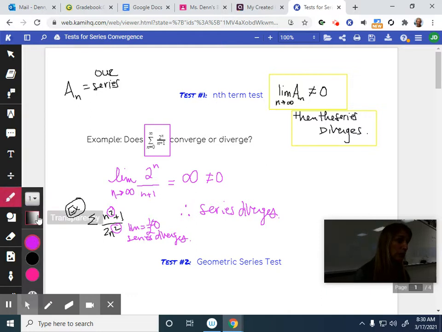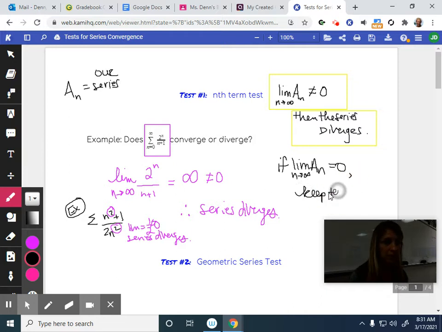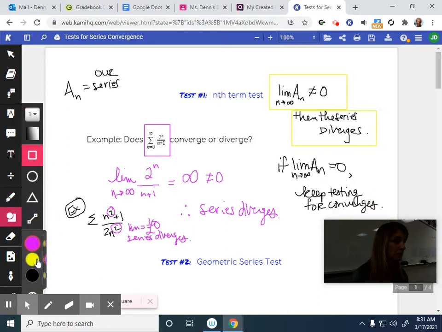I feel like I should write that down. So I will also say, if the limit of a sub n as n goes to infinity does equal 0, it doesn't tell you anything other than you should keep testing. Keep testing, because it's possible that that series still diverges. We just aren't sure. We're going to have to find another way.